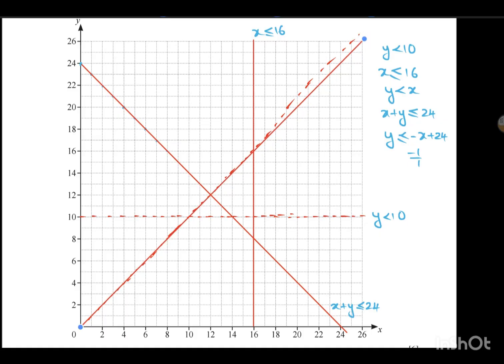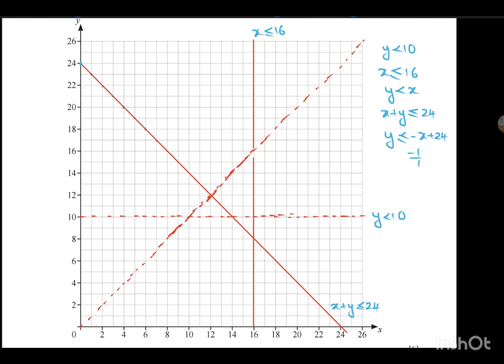Yeah, it went wrong here. Yeah. So now shade the unwanted region.